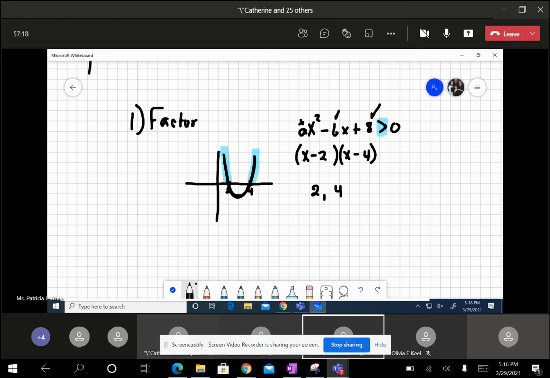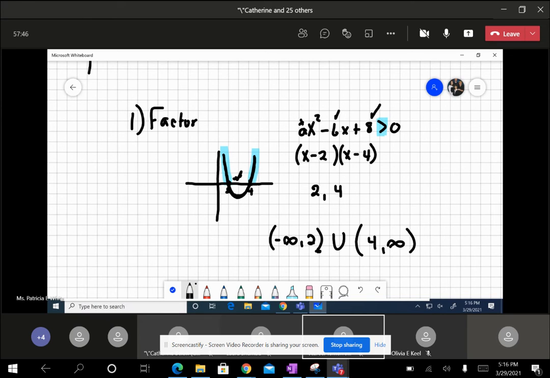That means I'm going from negative infinity to 2, using parentheses because I don't have the or equal to. I need to use union because I've got a break right here, and then we pick back up at 4 and go to positive infinity.